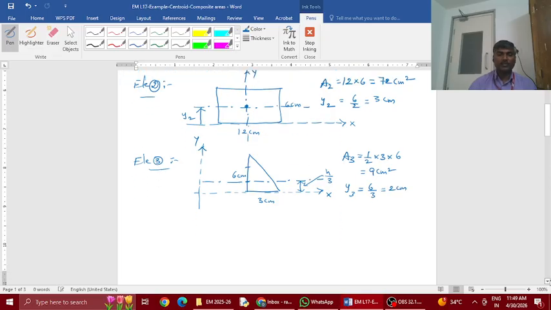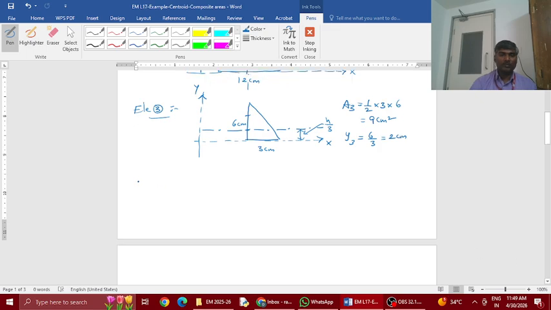Then the fourth one, element 4, is a semicircle. So try to draw the semicircle here, as it is like this.